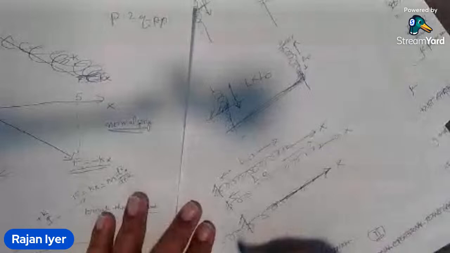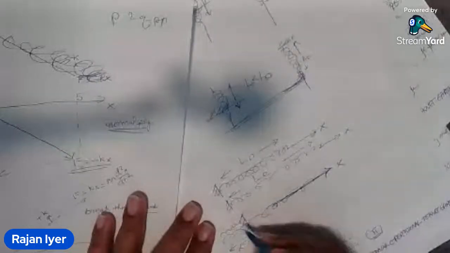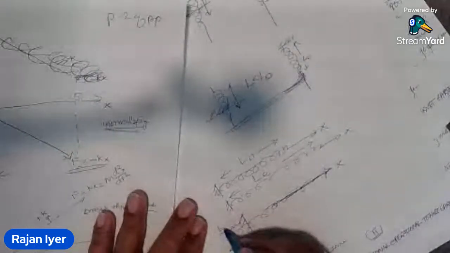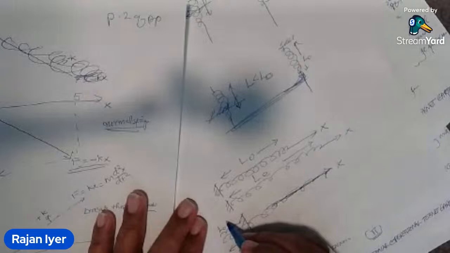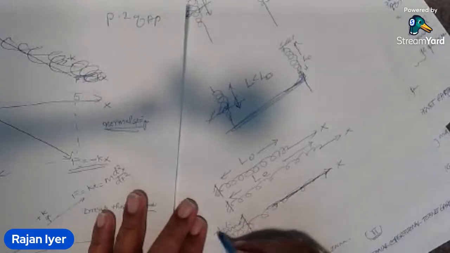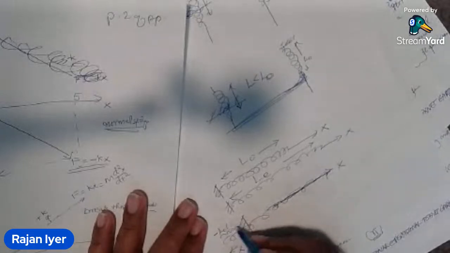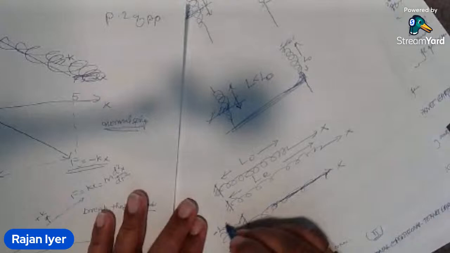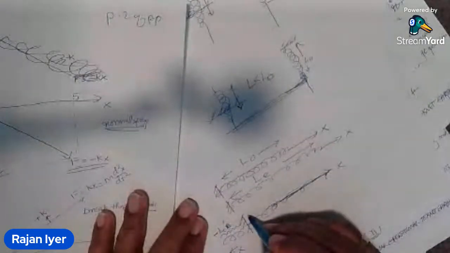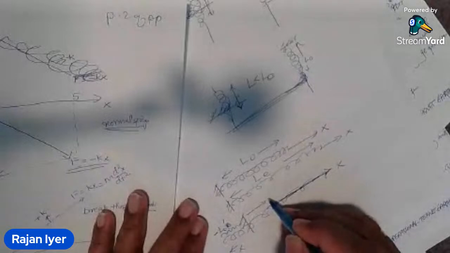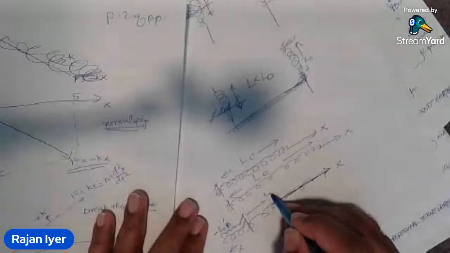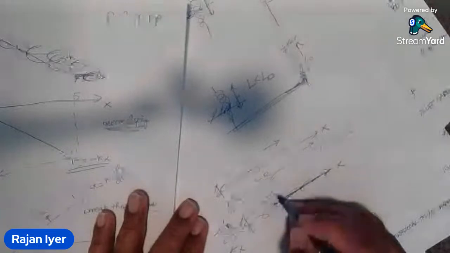So there is some length L0 of negative x, so minus L0 prime, let's say, right? Okay. And this is positive L0 1 or something.